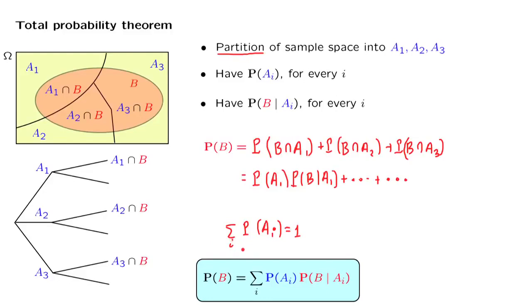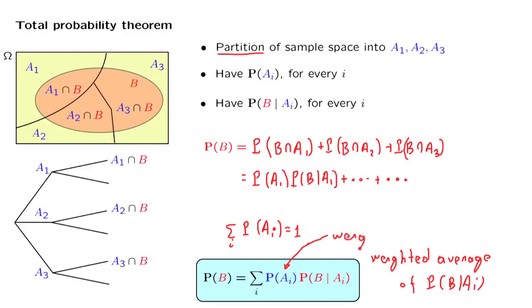So if we look at this formula here, we realize that it is a weighted average of the conditional probabilities of event B, where these probabilities of the individual scenarios are the weights.